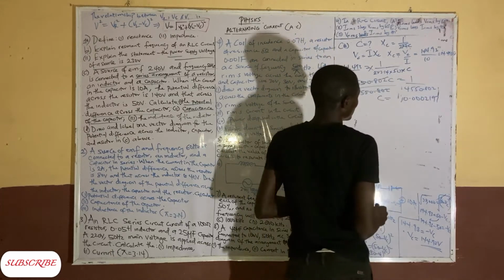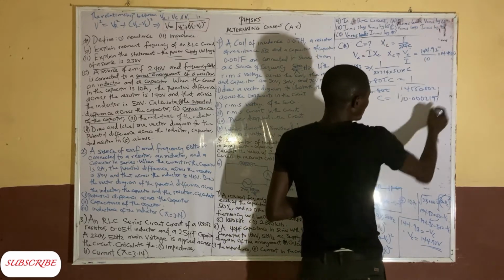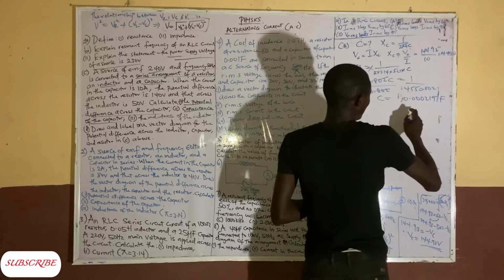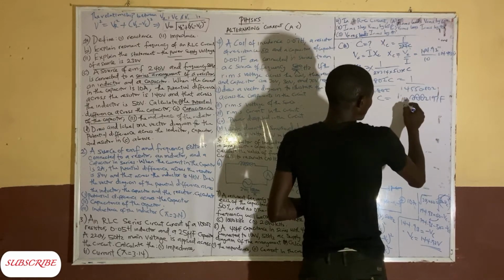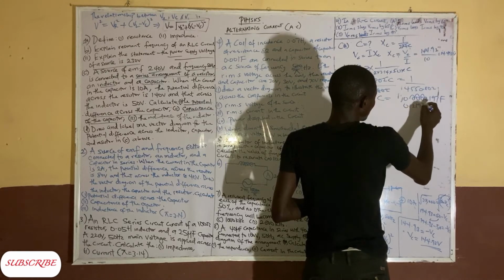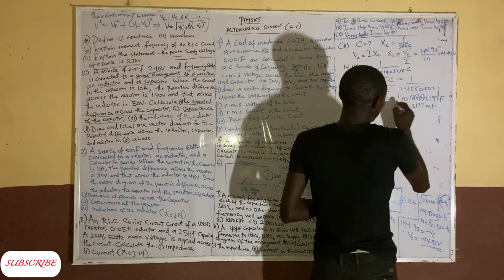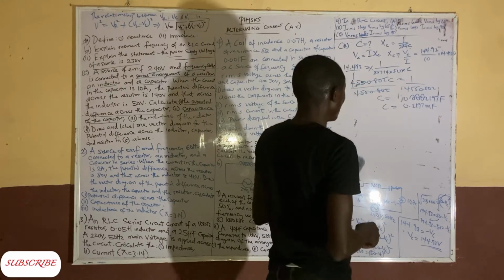So let's make this one in millifarad, because the unit here is farad. So if I want to make it millifarad, I will do 1, 2, 3. So it will be 0.2197 millifarad. So that's that about that.